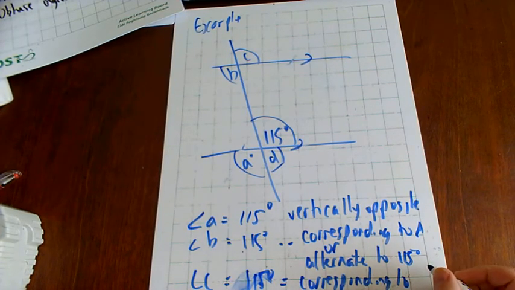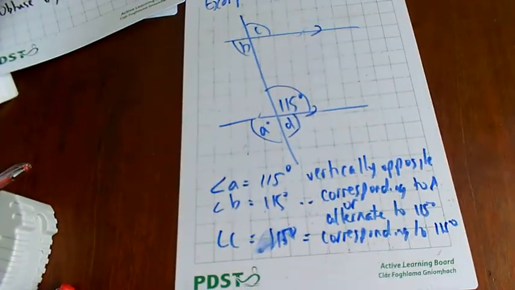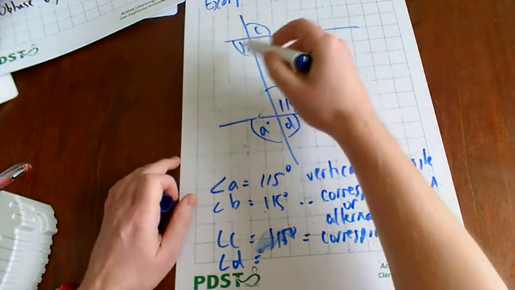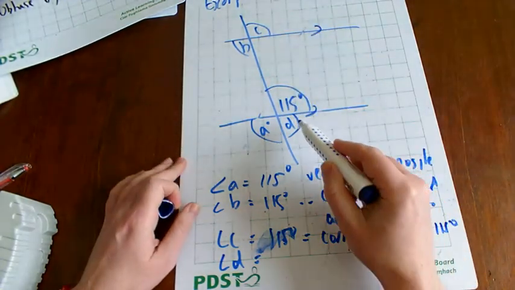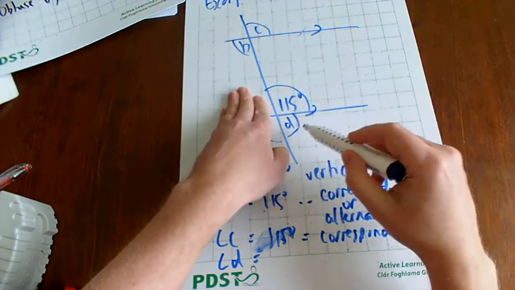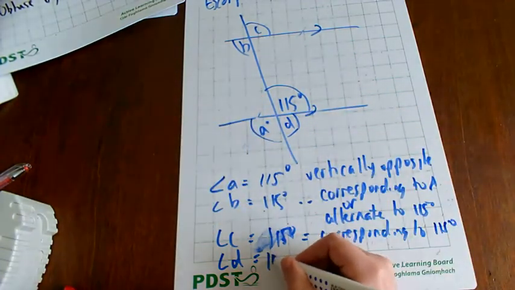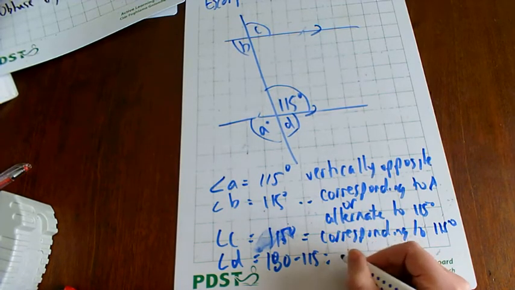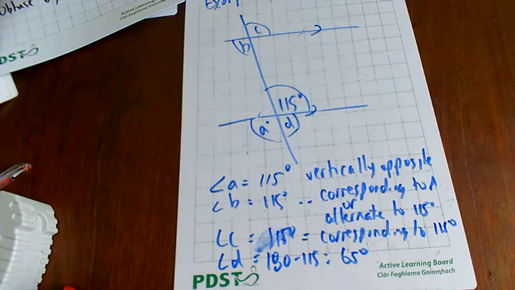C is corresponding to 115, or you could say it's vertically opposite B. And the final one, angle D. Remember, there's only two types of angles, 115 and one other one. And look, if you block this off, 115 and D are a straight line, so it should add up to 180. So 180 minus 115 is 65 degrees, and it's because it's a straight line.